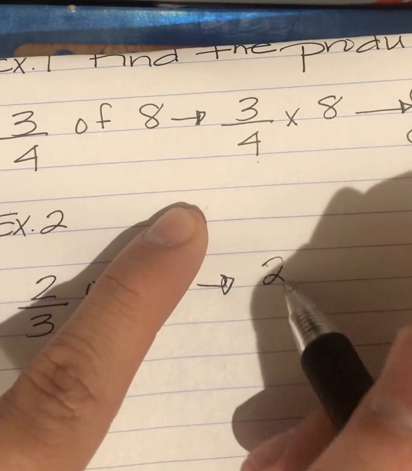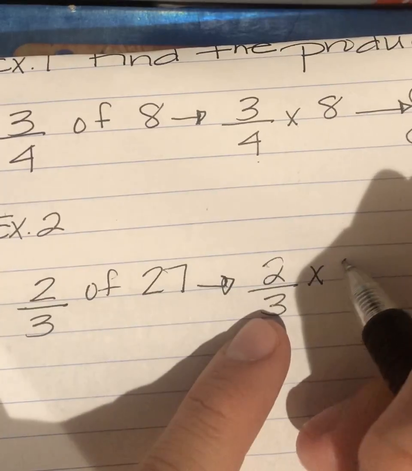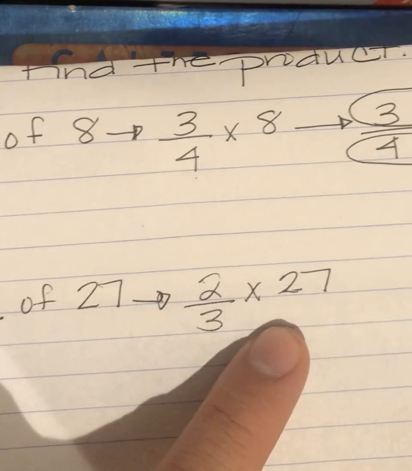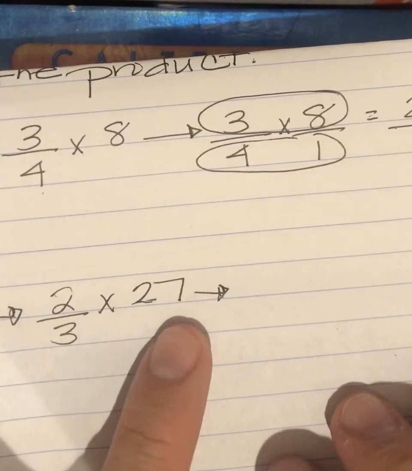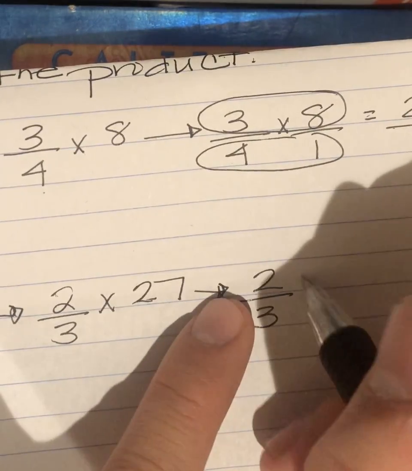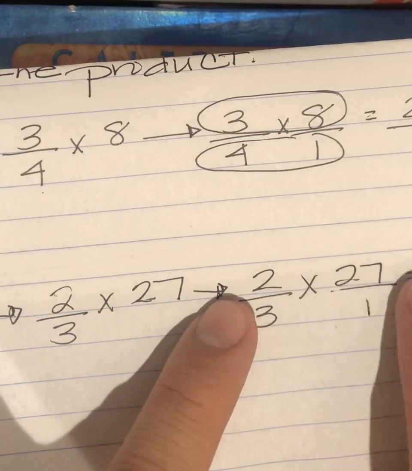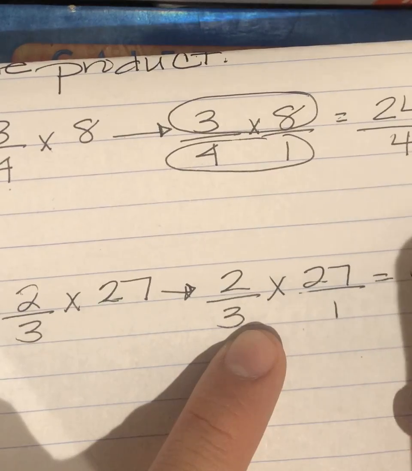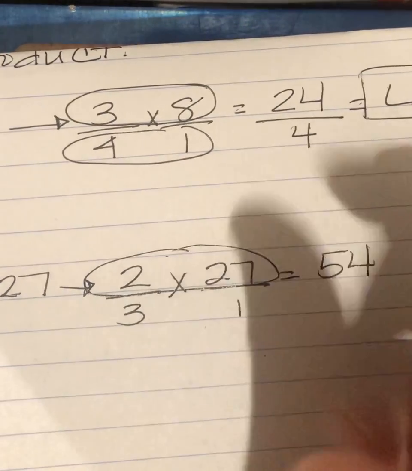So in my head, I'm thinking 2/3 will be multiplied by 27. But 27 is a whole number, not a fraction, so I have to rewrite it as 2/3 times 27 over 1. And 27 times 2 is 54, and I can multiply straight across.